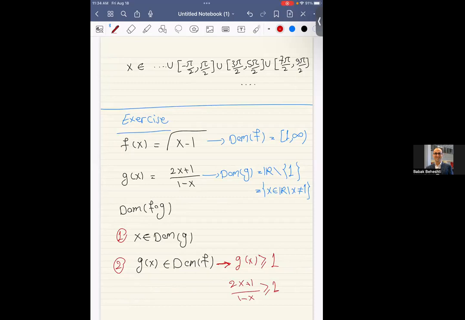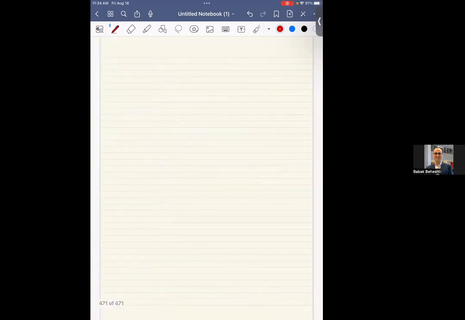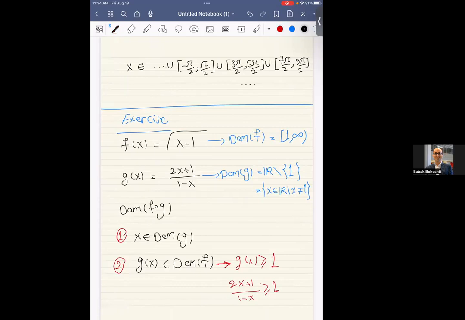So you have to solve this inequality. 2x plus 1 over 1 minus x must be greater than 1.